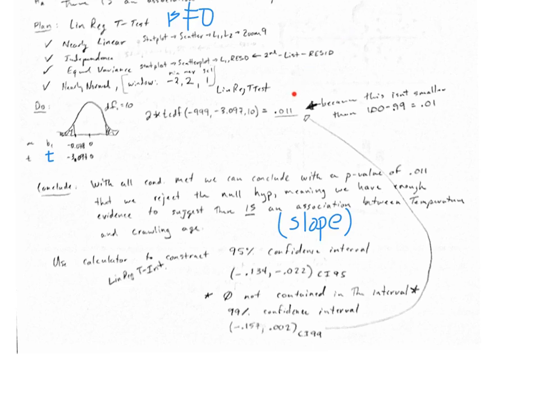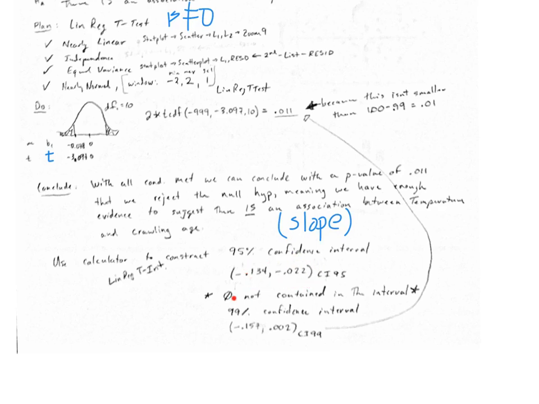And so I wanted to show you what that means in terms of a confidence interval. If you go to your calculator right now and do line regression t-interval, not t-test, but it will create a confidence interval for you super fast. And so if you make a 95% confidence interval with L1 and L2, you'll get the same thing I have here. So the slope is between -0.134 and -0.022.